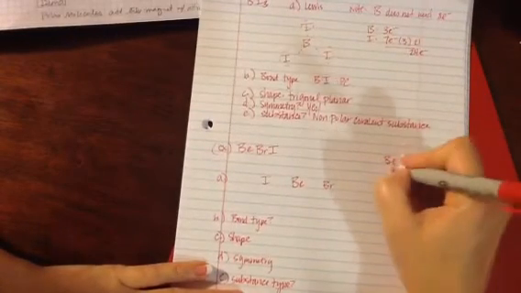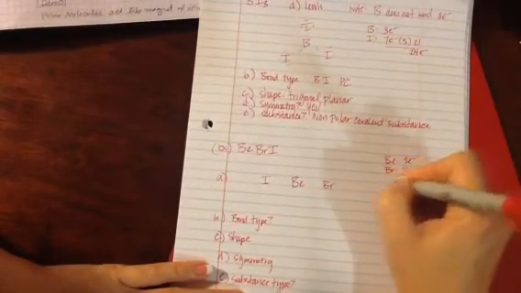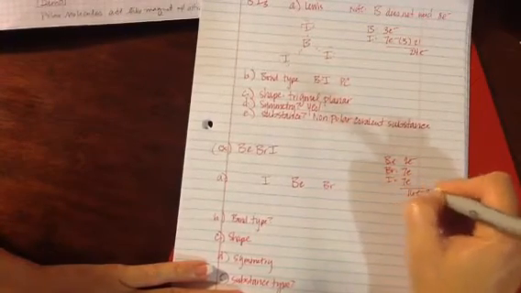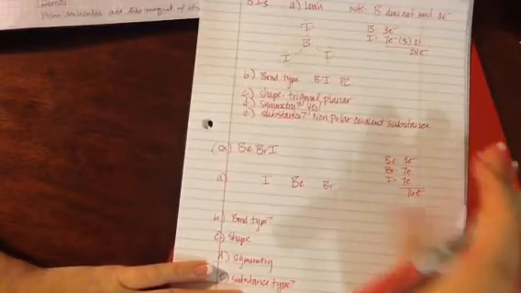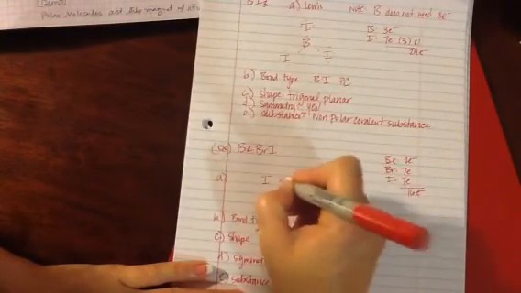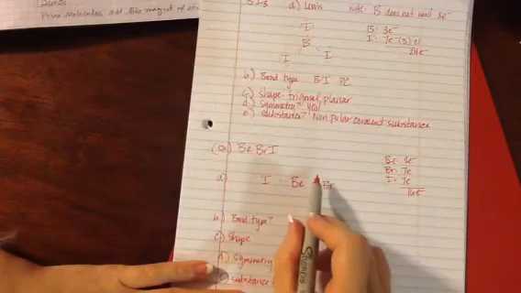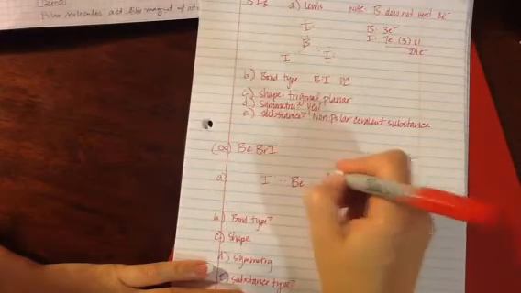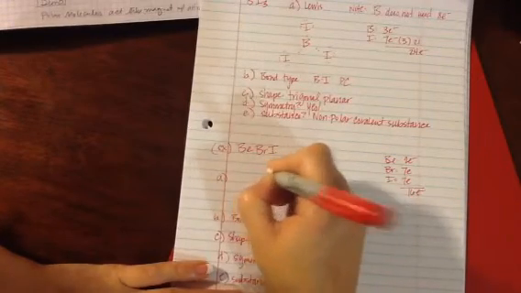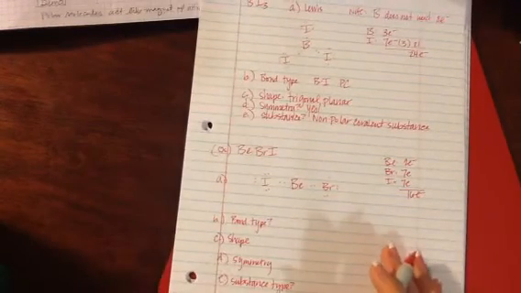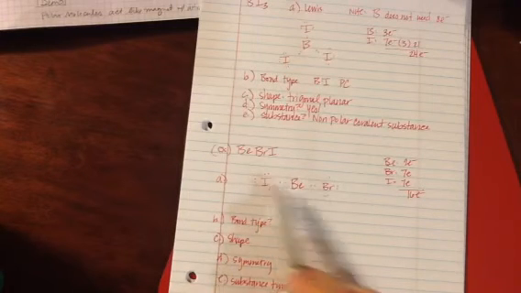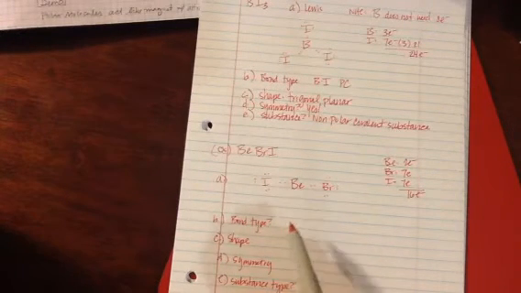Beryllium has 2, bromine has 7, and iodine has 7 as well, for a total of 16. So start off in the center by adding 2 bonds, 1, 2, 3, 4, and then we're going to assign to the halogens next. 2, 4, 6, 8, 10, 12, 14, 16. There we go. Beryllium had 2 it wanted to get rid of. It did. Bromine wants 8. Iodine wants 8. Everybody is happy. So this is our Lewis structure.